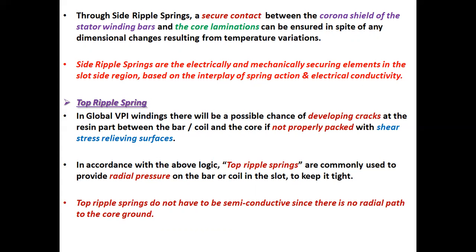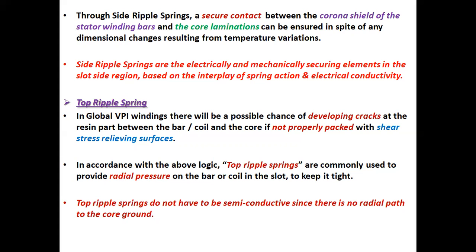In global VPI windings, there is a possible chance of developing cracks at the resin part between the bar or coil and the core, if not properly packed with shear stress relieving surfaces.